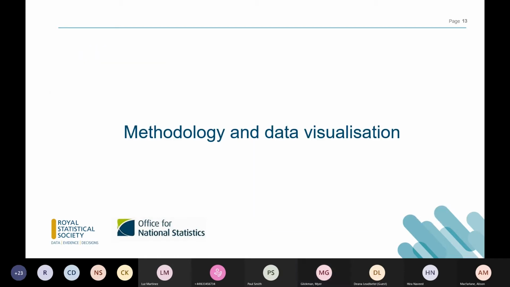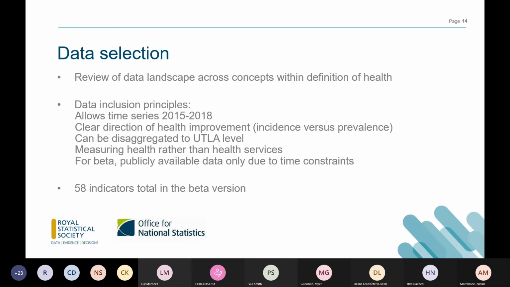Yep. Brilliant. So I'm going to tell you about the methodologies we've used and have a demo of the data visualization used to explore the health index further. As Maya's touched on, we did a comprehensive review of the data landscape for health across the different concepts which fall within the definition of health we're using.